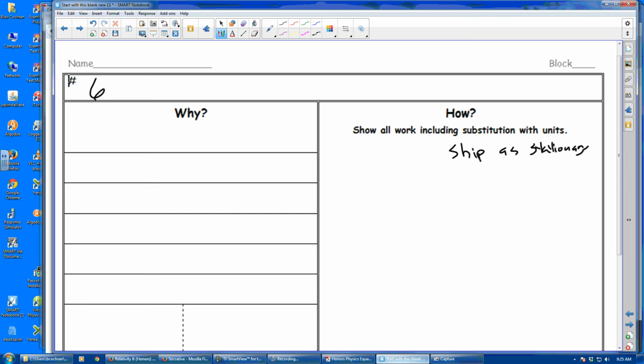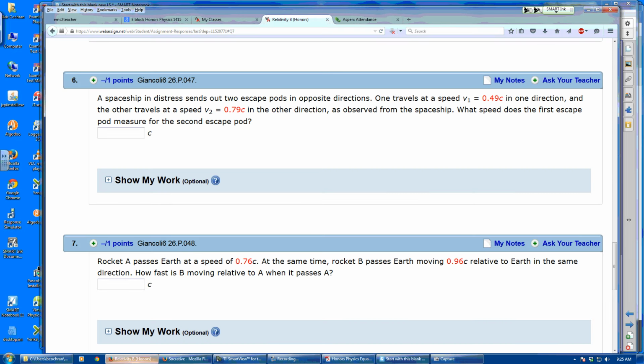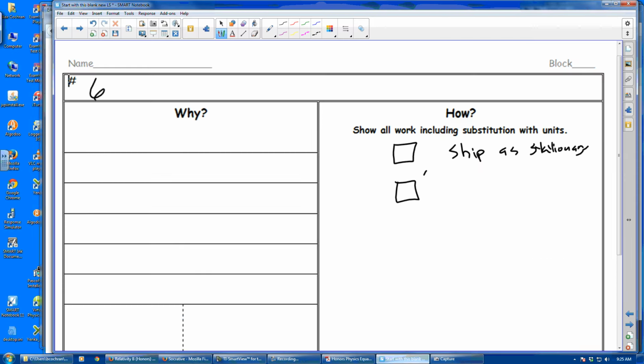So that means anything without a prime is from the ship's frame of reference. We'll take the prime from the first escape pod.